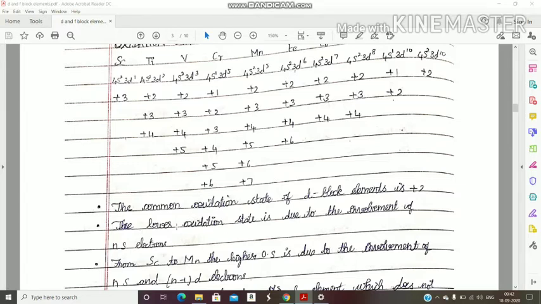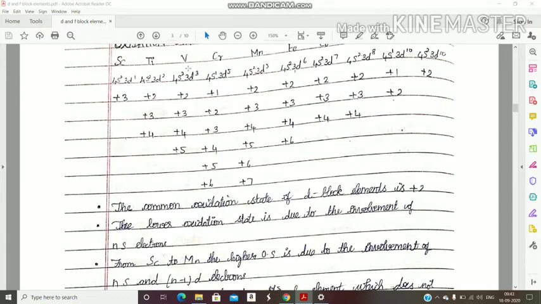Next point, the lower oxidation state is due to the involvement of ns electrons. See, in case of titanium, what is the lowest oxidation state? +2. That means if 4s2 electrons are involved in bonding, then it exhibits +2.